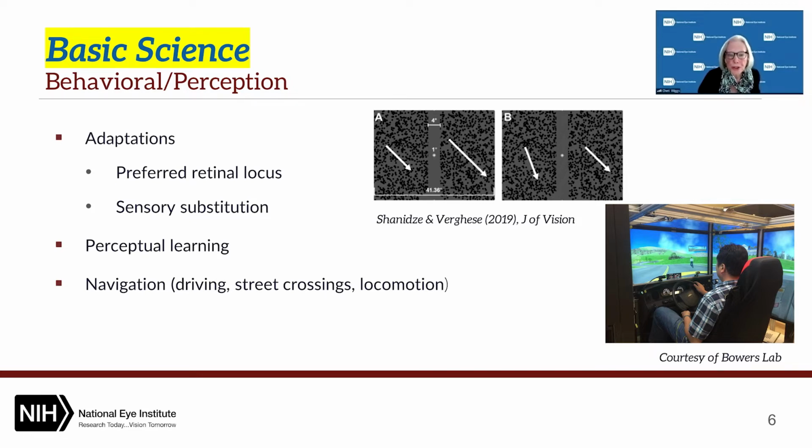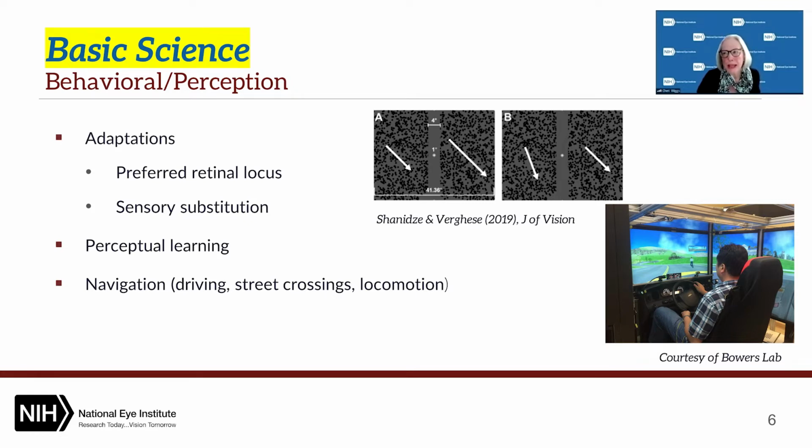Individuals who are blind also naturally adapt through sensory substitution. Many show enhanced capabilities in auditory and tactile processing. So for instance, blind individuals can generally outperform their sighted counterparts in auditory motion discrimination.